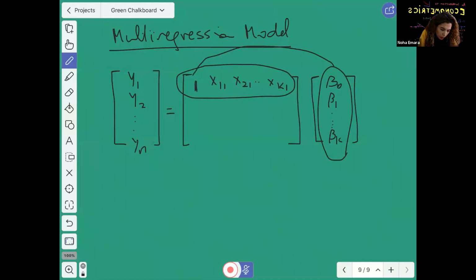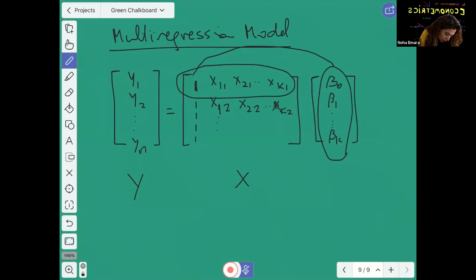The first column in this matrix, which we call the matrix of X, while this is the matrix of Y, is a column of ones, 1, 1, 1 everywhere. And then the next one is the first X for the first person, the first X for the second person, and then keep going, up to XK2.